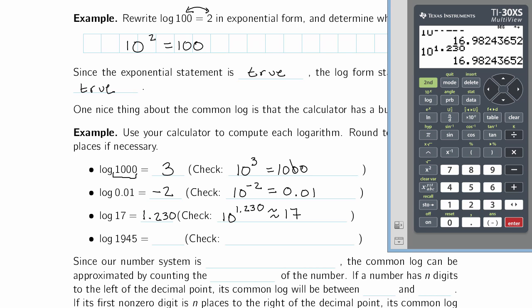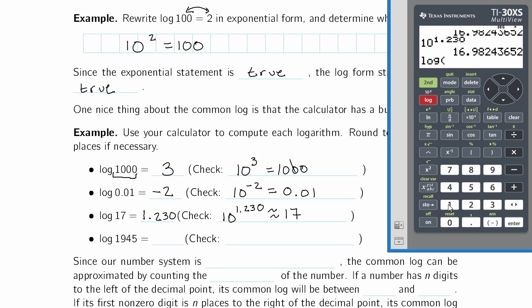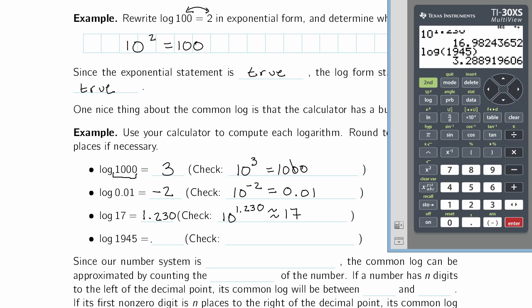We can also take the log of some huge number. So log of 1945. Oh, that's not that much more, right? This is 3 decimal places. It'll be 3.289.